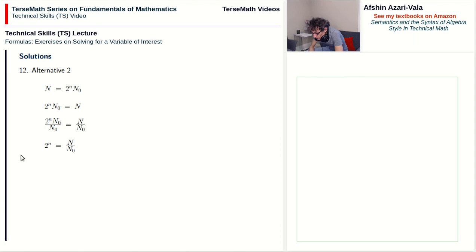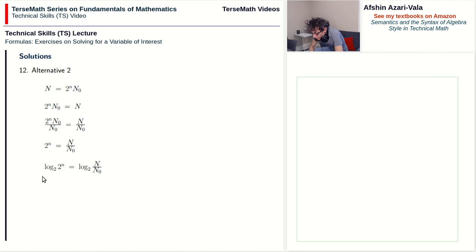Okay, now we need to deal with the exponent. And so we have to use logarithms, but what we'll do is we find the log of both sides. So we write down log to the base 2 of 2 to the power of n is equal to log to the base 2 of N over n0. Now you should be aware of an identity in math, where if the base here is the same as the number that you have here, then the two of them cancel out, and you'll end up with n.